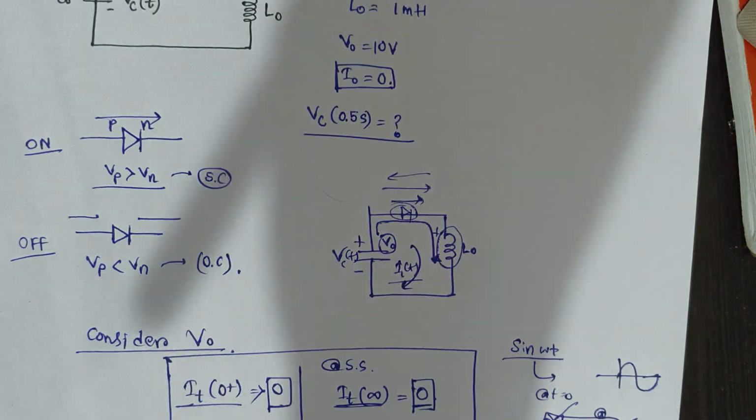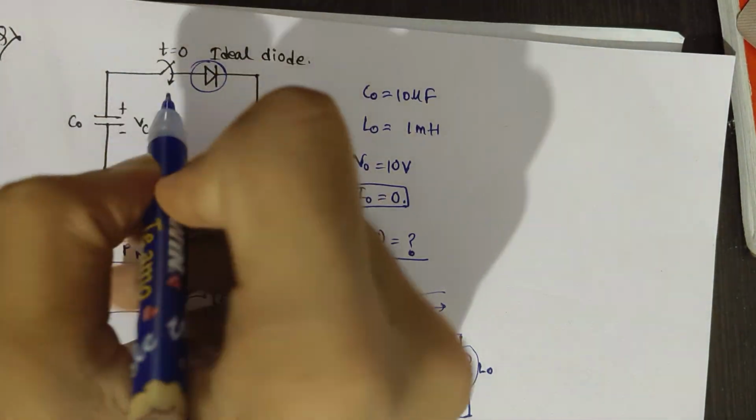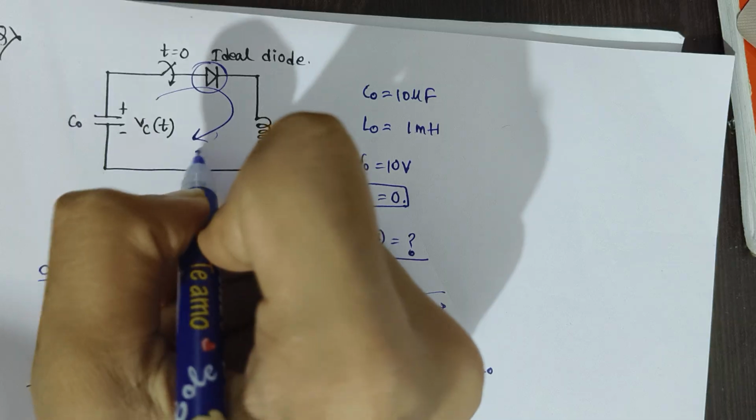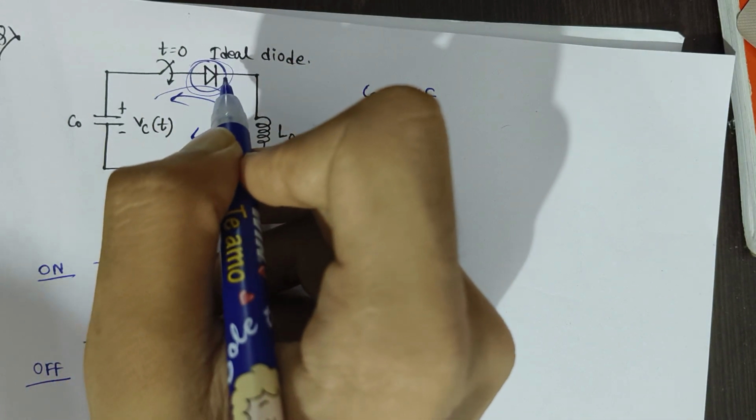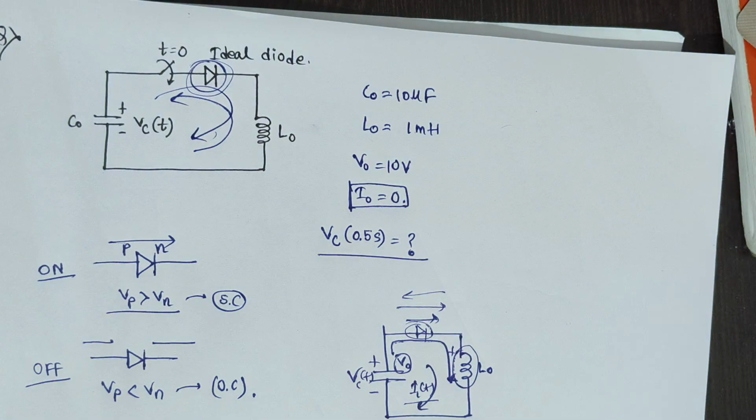Which is not desirable, because if the direction of I will be negative, then the diode will be turned off.